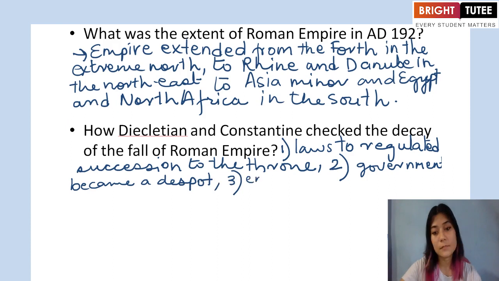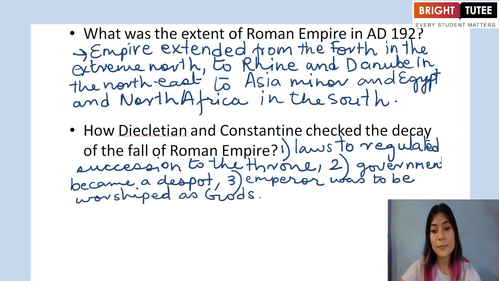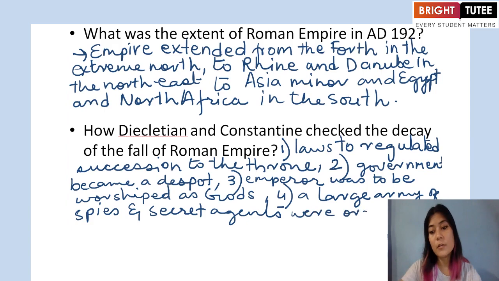Number 3, emperor was to be worshipped as gods by the subjects. And number 4, a large army of spies and secret agents was organized. Alright?